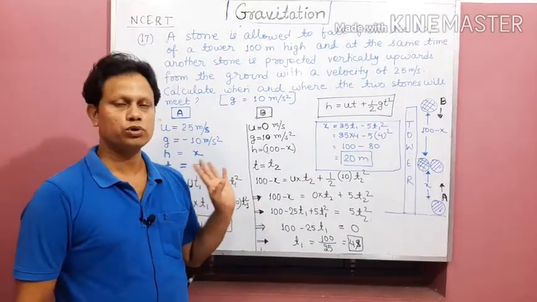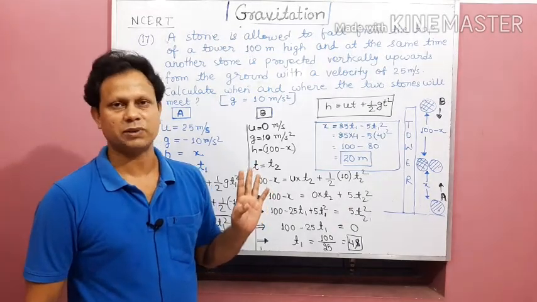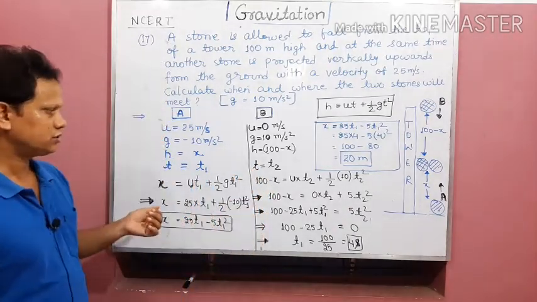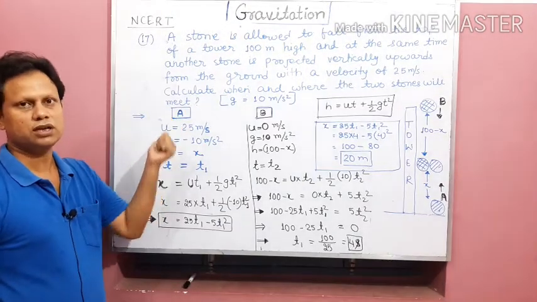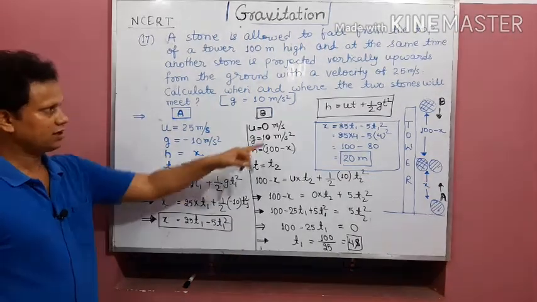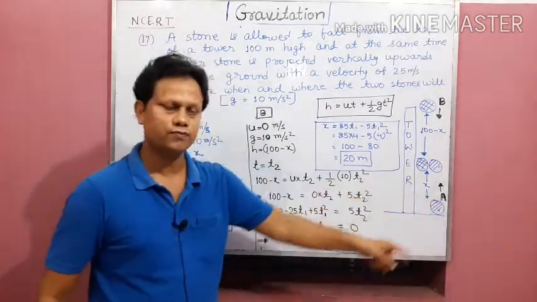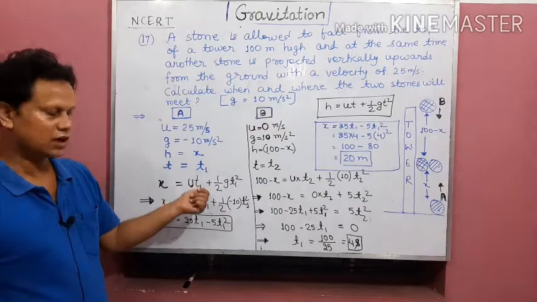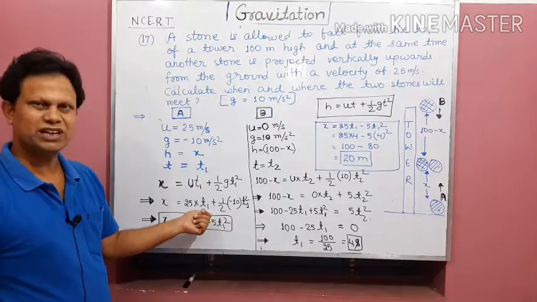So for both stones I am going to find out the displacement of the respective stones. Suppose I am calculating the displacement of stone A. For that I have taken h, that is displacement, equal to x because it has displaced by x value. Then ut1, where u is 25 and t1 we don't know, so we substitute t1.